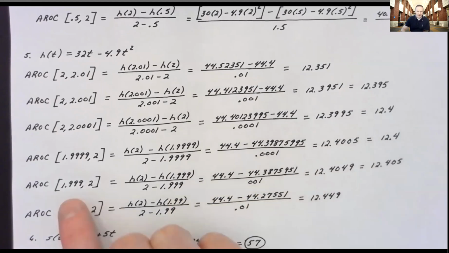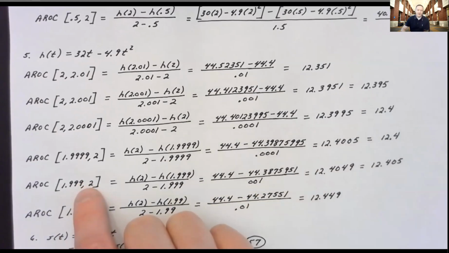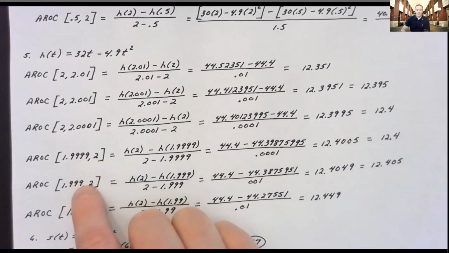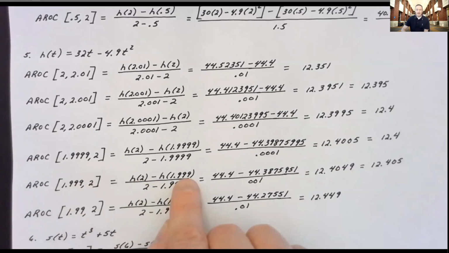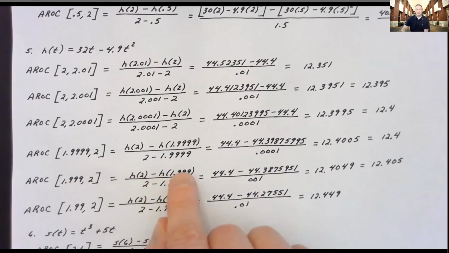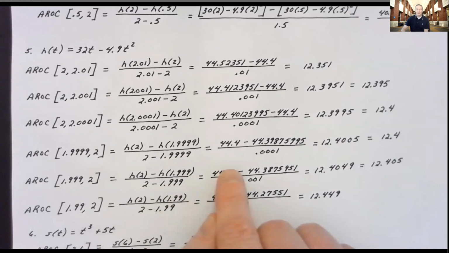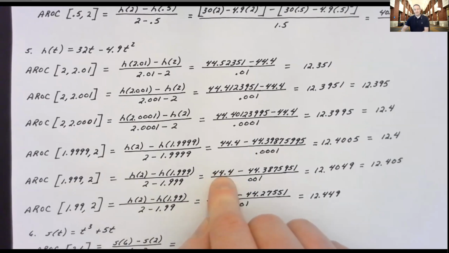Now, if I went in the other direction and say, well, what if I, instead of just a 1/10,000th of a second time differential, do a 1/1000th of a second differential? I'm thinking this should not be as good of an estimate, but it's still going to be really close. Ending position minus beginning position over end time minus beginning time. The ending position is our h of 2.